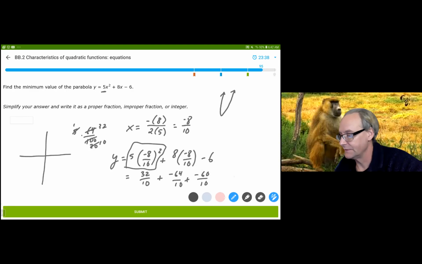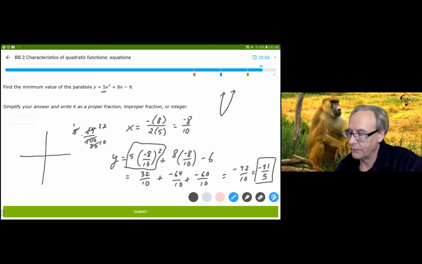So now I have tenths all the way across. This is going to be 32, negative 64, and negative 60, which makes negative 92 over 10. And we reduce it to negative 31 over 5. They told us that we do have to reduce all fractions, probably. It says a proper fraction, and they generally want you to reduce it.